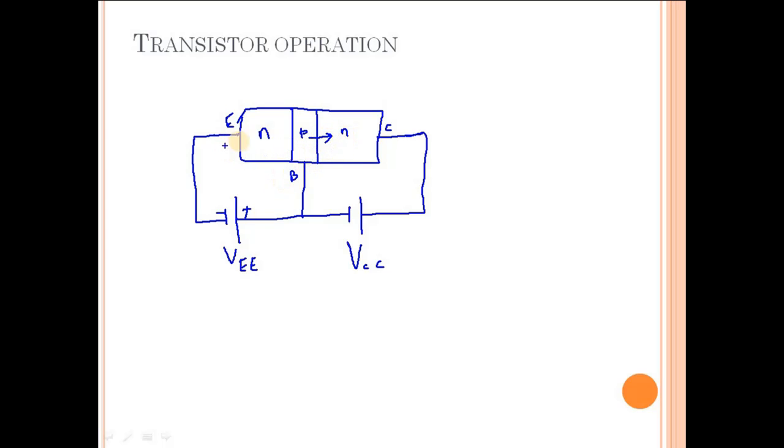You can see here, of course there will be a very small amount of electrons moving in the direction of the base terminal. Why is the number of electrons moving in the B direction very less?